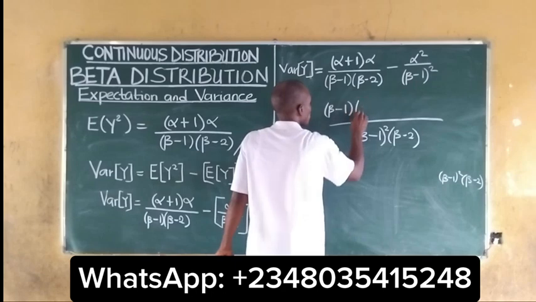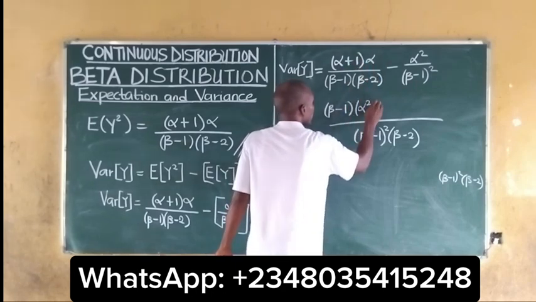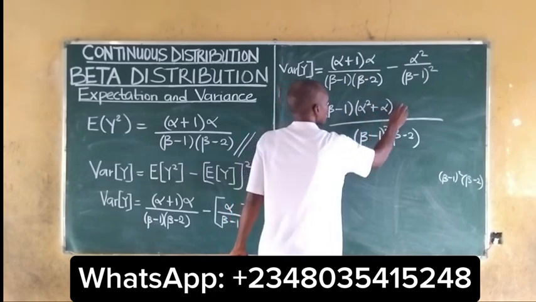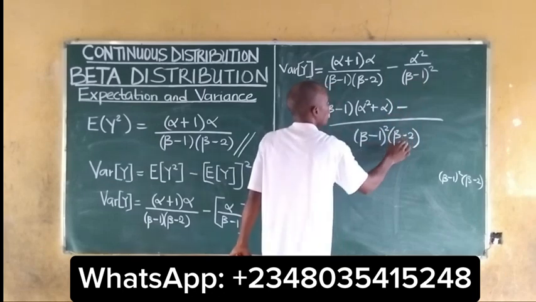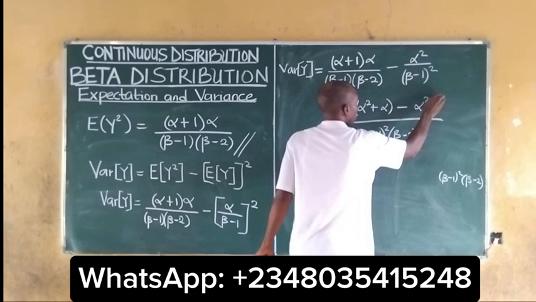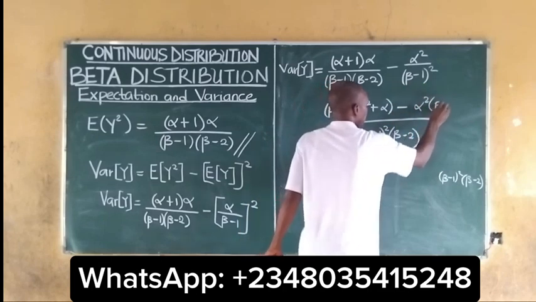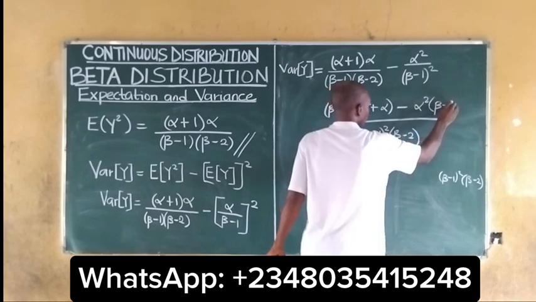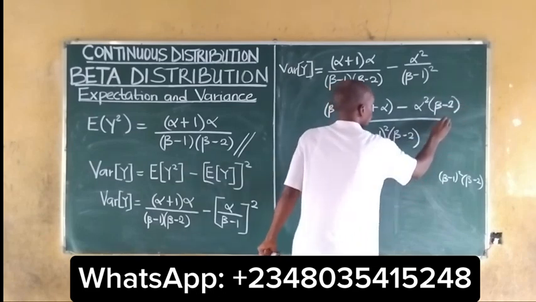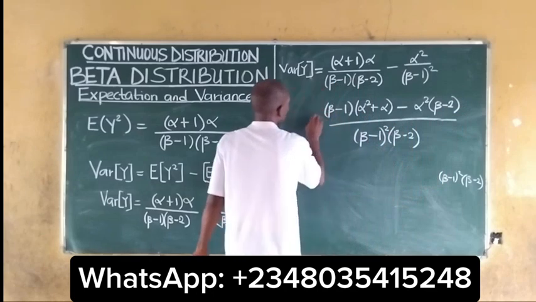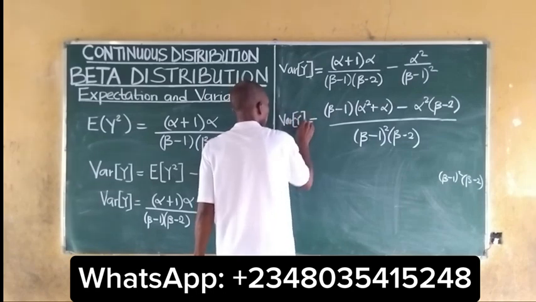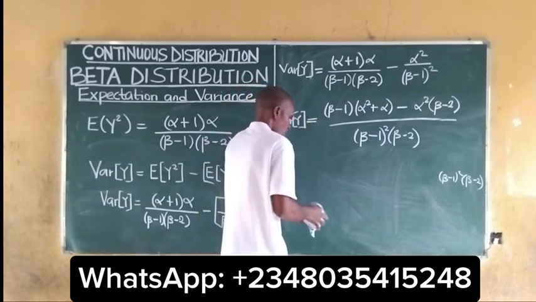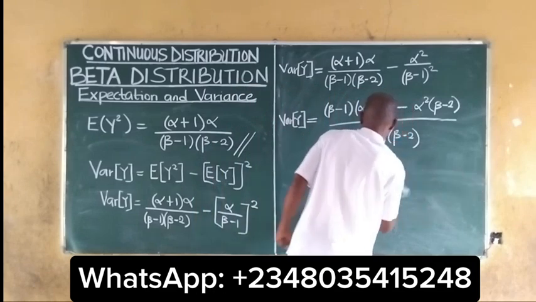We can multiply this as well: alpha squared plus alpha, minus this into this. This can cancel this. So we have alpha squared multiplied by beta minus 2. So this is what we get, which is our variance of y.